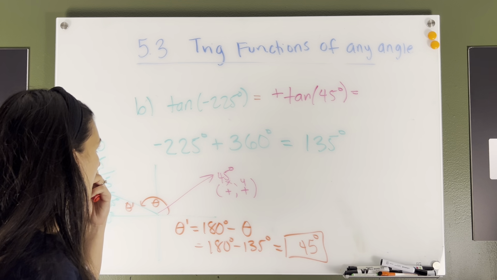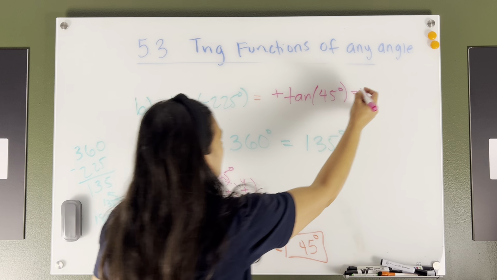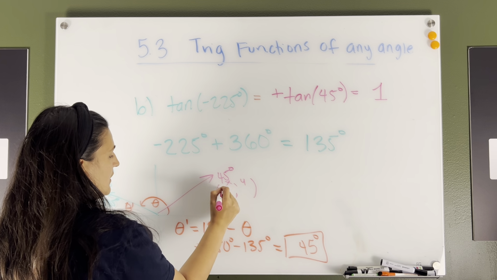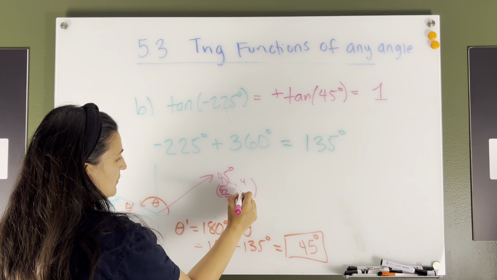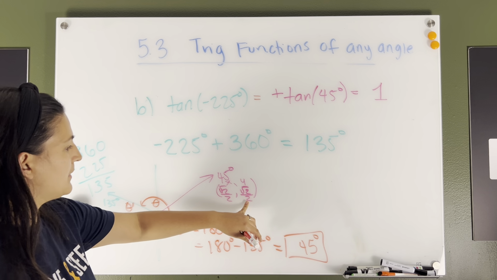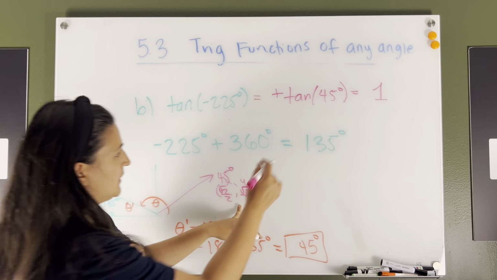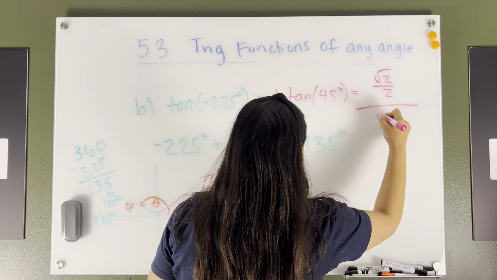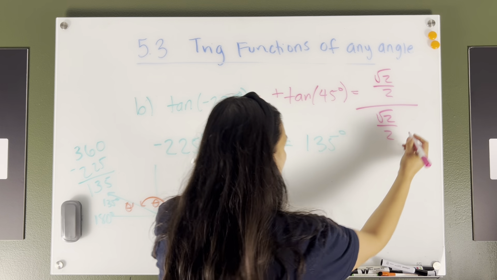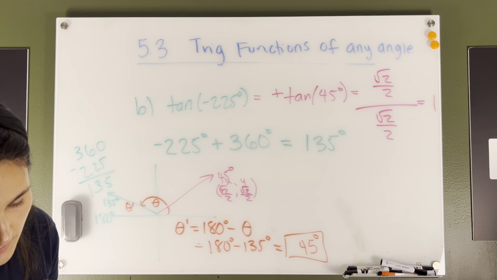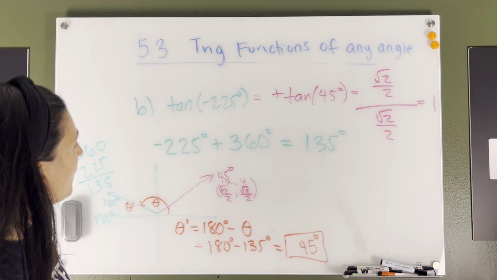And if you know how to do that, you would see that the answer is 1, because once you know this part of the unit circle, the x coordinate is the square root of 2 over 2, and the y coordinate is the square root of 2 over 2. Divide sine by cosine, and you would get the square root of 2 over 2 for sine, the square root of 2 over 2 for cosine. A number divided by itself is 1. Okay, so that is just 1.